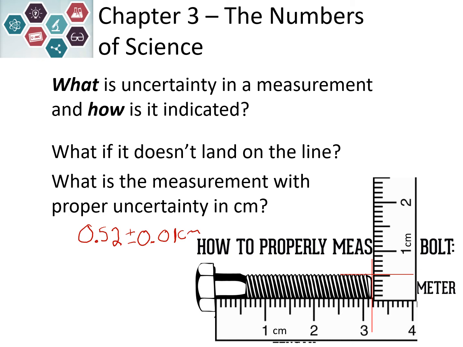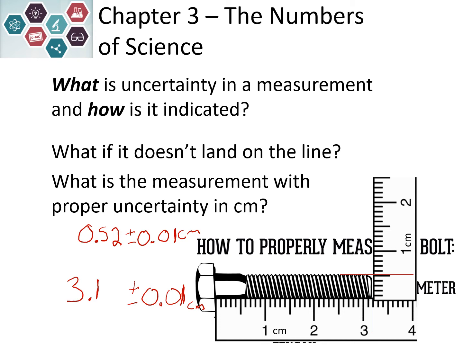All right, let's look at the length of our bolt. Okay, the ruler, again, you can read the ones place and the tenths place. We estimate at the hundredths, so that is going to be our uncertainty. We're past the 3 centimeter mark. We're between the 0.1 and 0.2 centimeter mark.